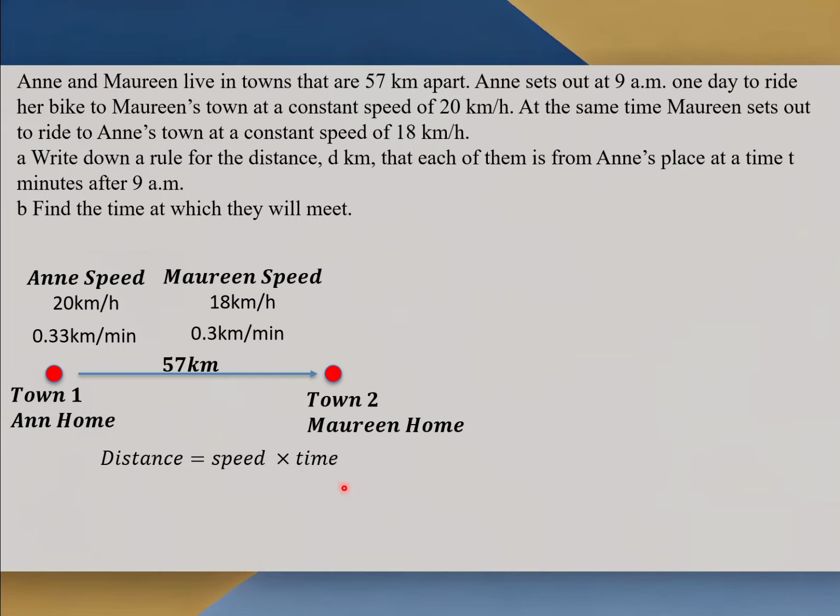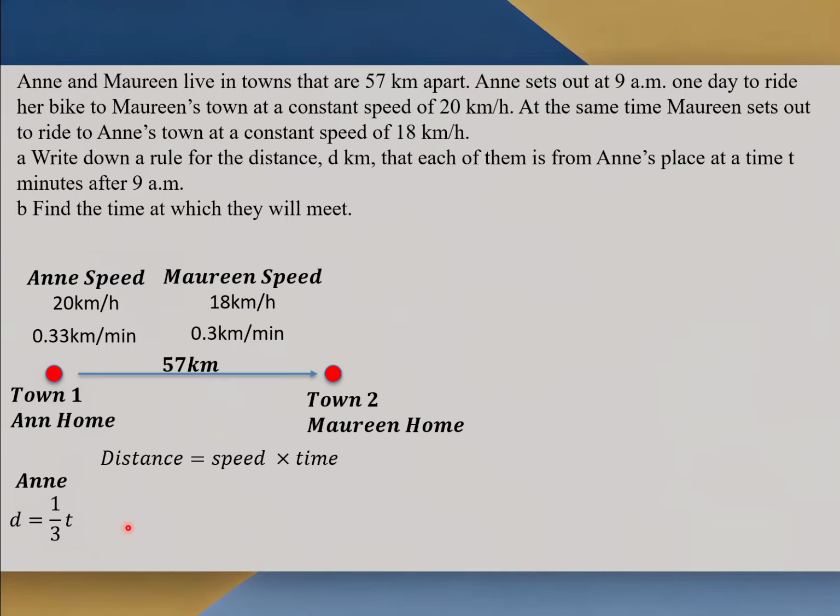Now, if we think about this rule in terms of the speed for Anne, we need to be able to use 0.33 or 1/3 as the speed, and our time will just be t. So this part here is our mx in our linear relationship. Now, because it says that we are starting from Anne's town, the distance so far away from the town is 0. So that's why the y-intercept will just be plus 0.